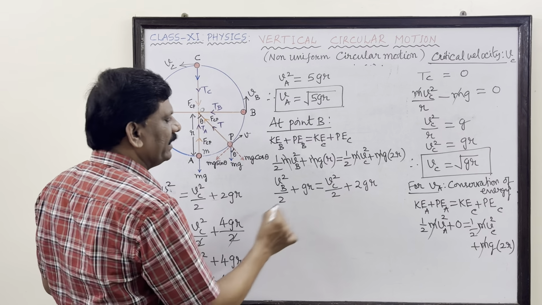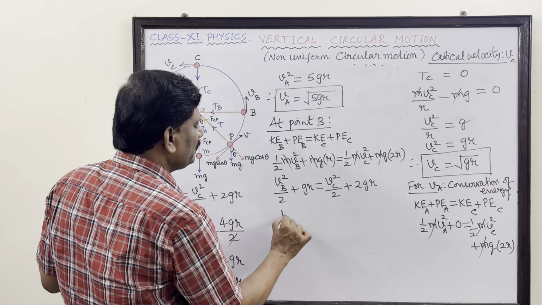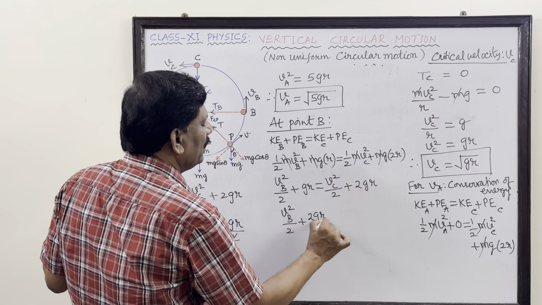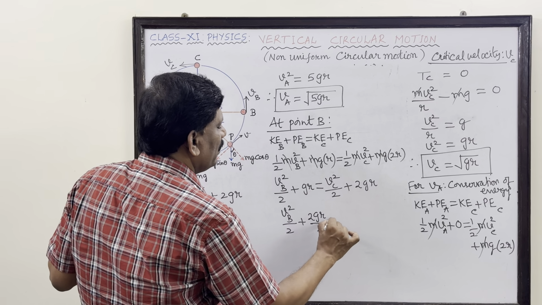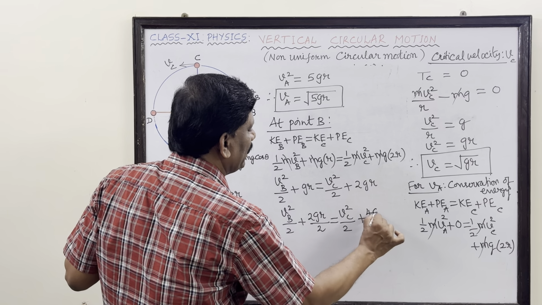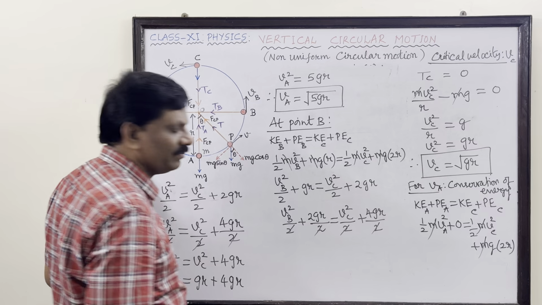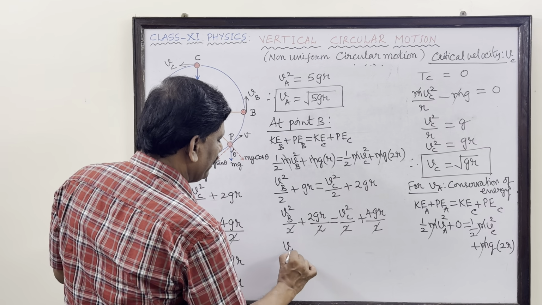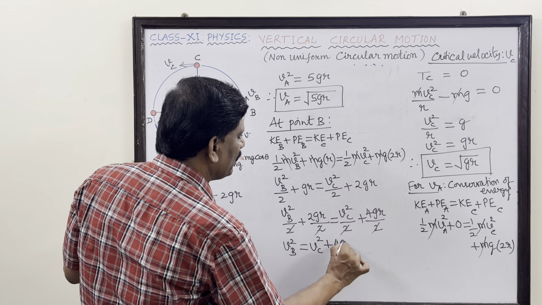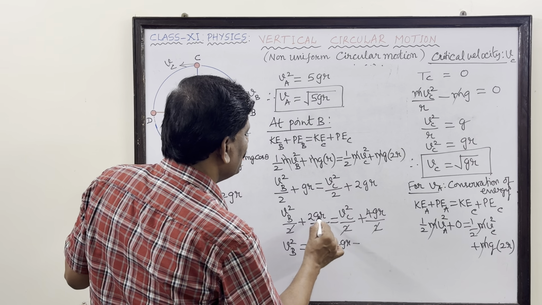Now taking LCM, I have to take LCM, is it not? So this one will be VB square by 2 plus 2GR by 2 equal to VC square by 2 plus 4GR by 2. So that now I can cancel the common LCM 2. So VB square is equal to VC square plus 4GR minus 2GR.